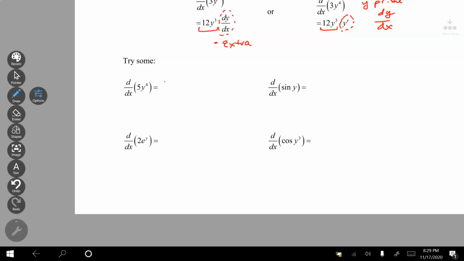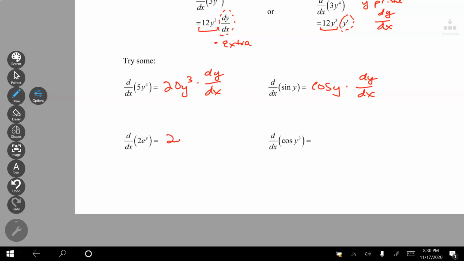So when I take this derivative, it's going to be 20y to the third times the dy over dx. And this would be cosine of y times the dy over dx. Notice every single time that I take a derivative with a y variable in the problem, I multiply by this extra dy over dx.